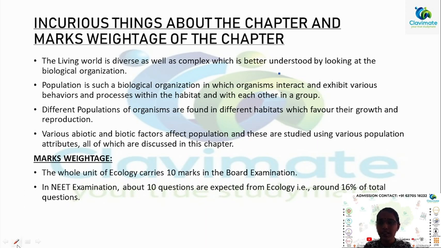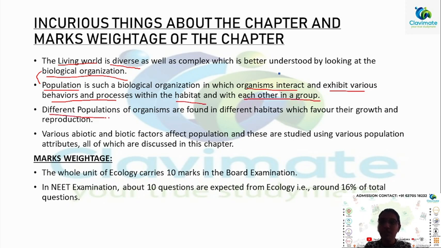So the interesting thing in this chapter is about the diversity in the living world. It is better understood by looking at the biological organization. The biological organization means population. So population is organisms interacting in it and exhibiting various behaviors, within the habitat and with each other in a group.